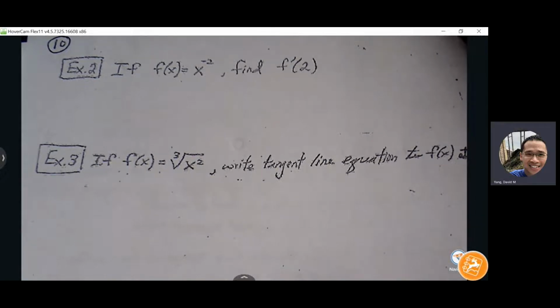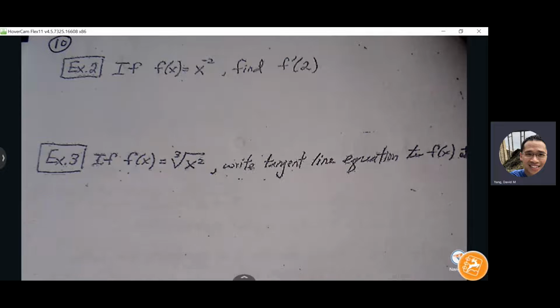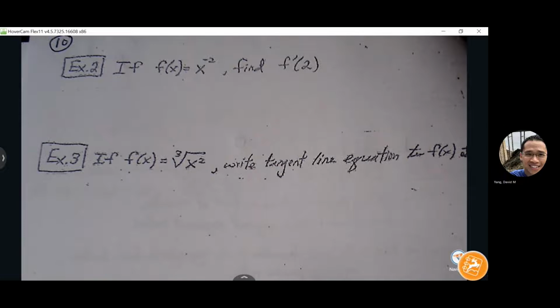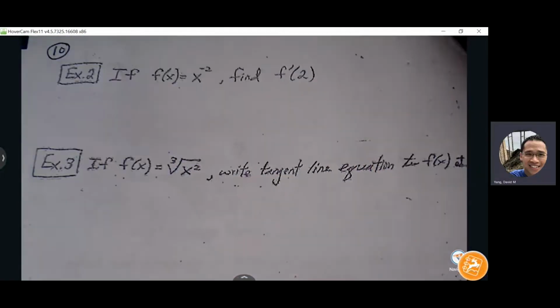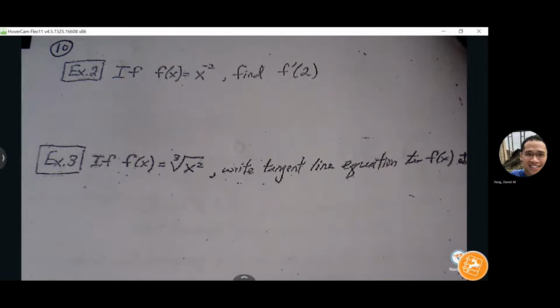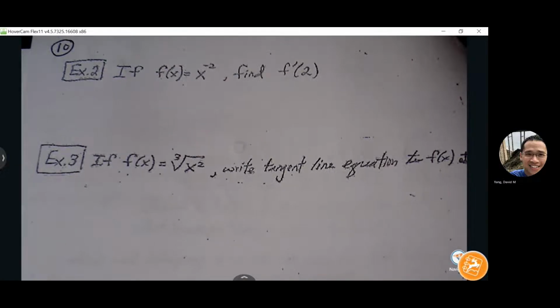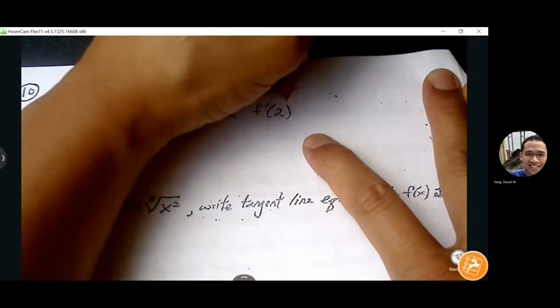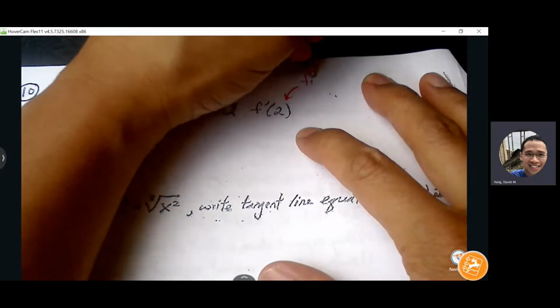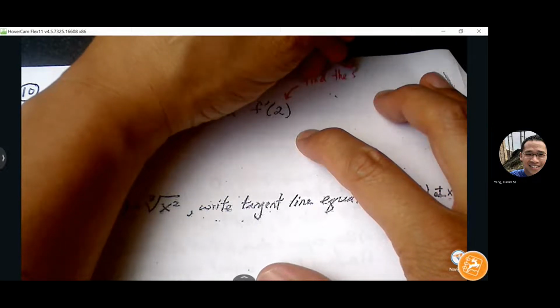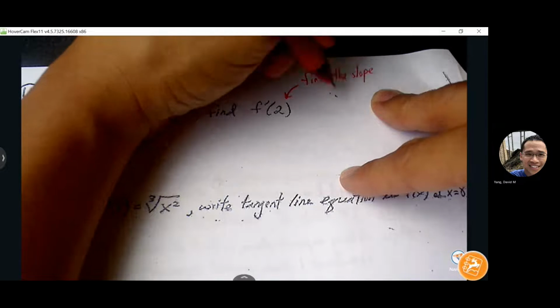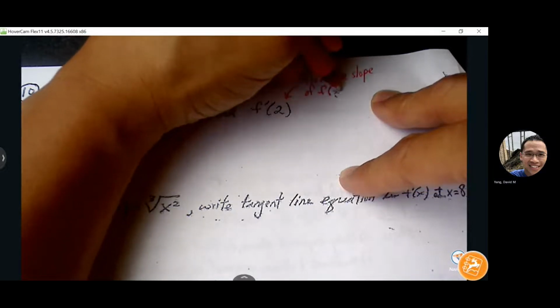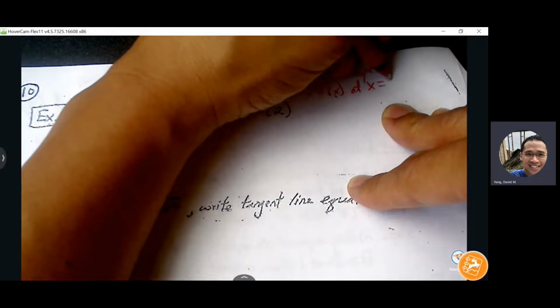Okay, if f of x equals x to the -2, find f prime of 2. All right, let me talk about what that means. This f prime of 2 means find the slope of the function at x equals 2.